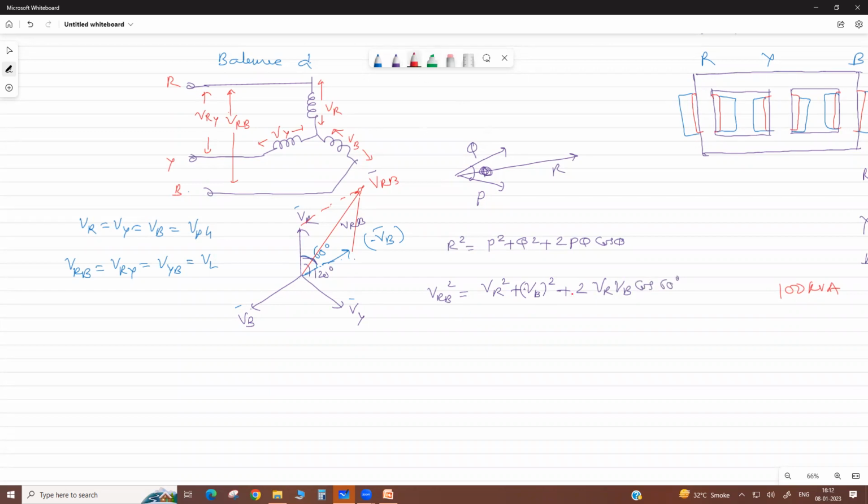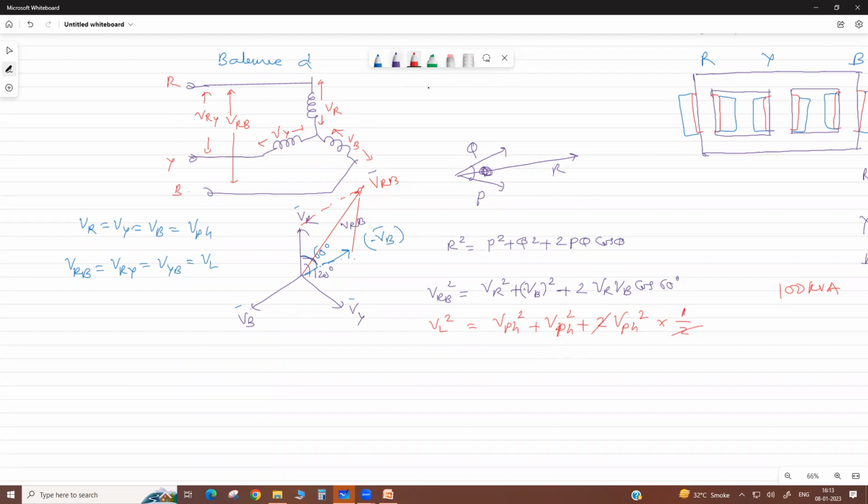My dear, they are equal, so we replace them with V phase square, and this is also twice V phase square times cos 60. Cos 60 is 1 by 2, like sin 30.